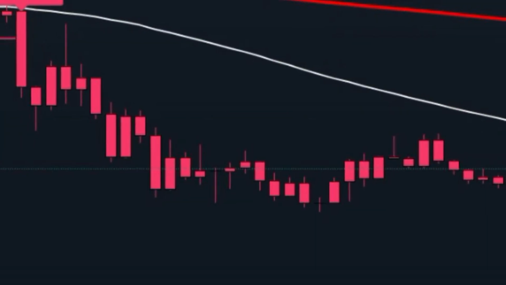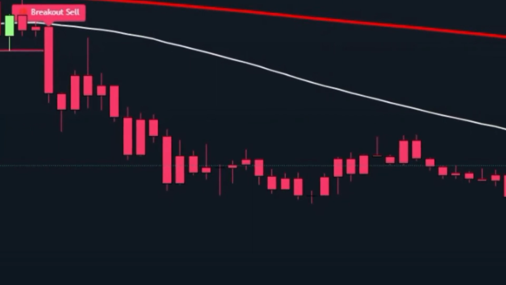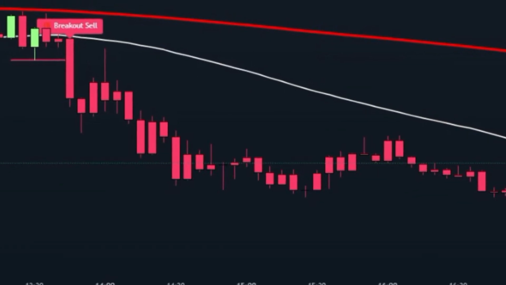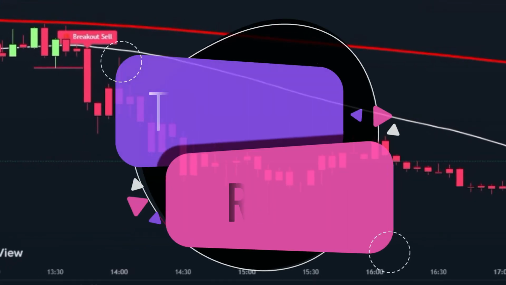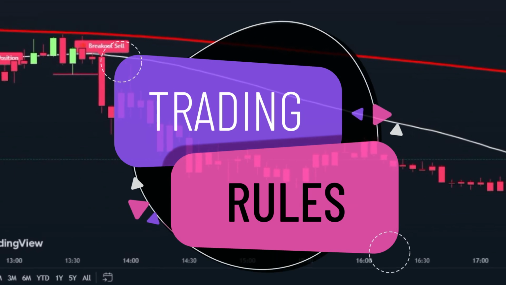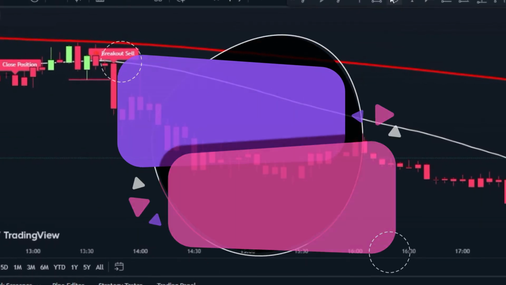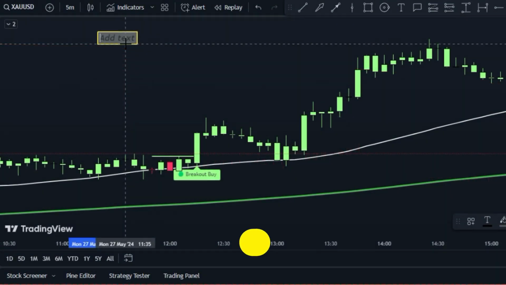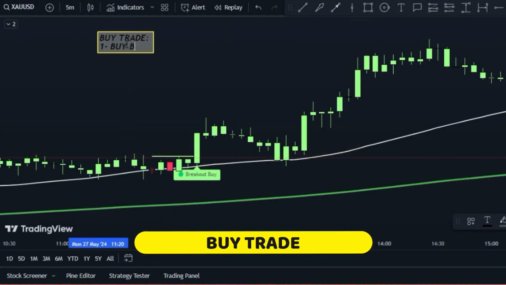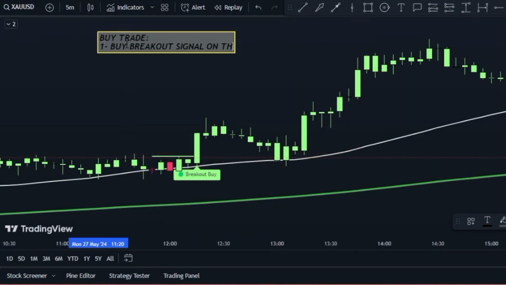Now that we've mastered both indicators, let's combine their powers for an unstoppable strategy. Here are the rules for entering and exiting trades, along with some vital risk management tips. When you spot a buy breakout signal on your chart, it's time to gear up for action.